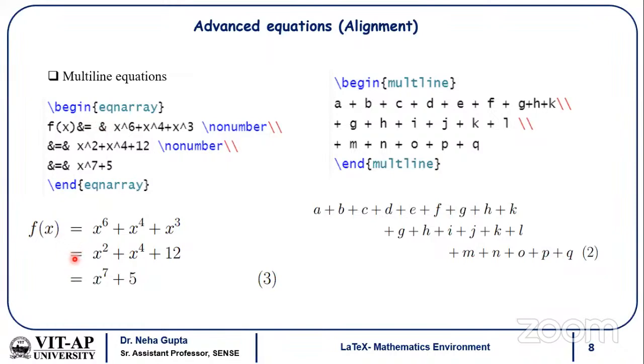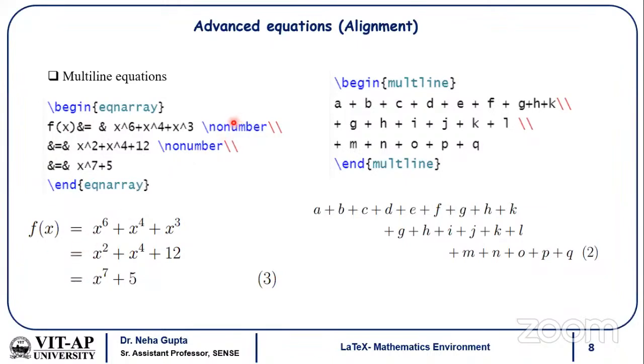Then again here we have the equal sign and the second line expression is written. Left side we have the &, right side we have the &. Similarly in the third. Basically this &, which we use on the left side and right side of the equal sign, at the place where we need the alignment, is going to help us get this alignment. You can see the & is written at all the places, so we are getting this alignment.